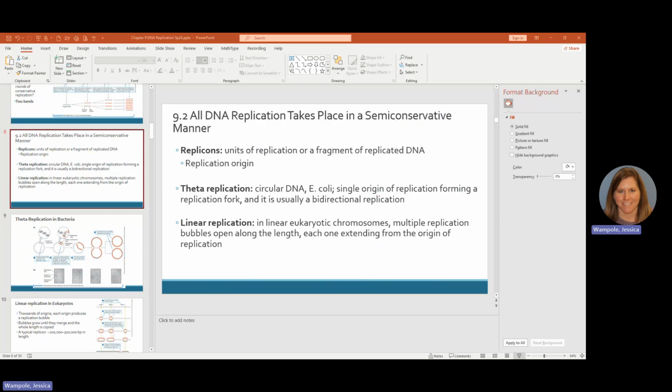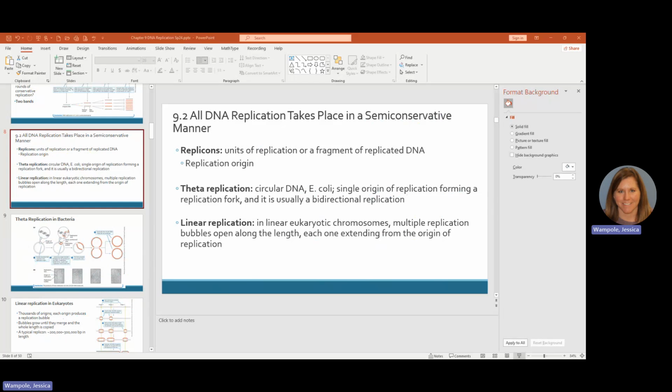So we are going to kind of look at our replication bubble and our replication fork at just one side. You can kind of think about the replication bubble as having sort of 4 quadrants. And so we're going to look at half of the bubble. In this case, this image is kind of showing the right half of the bubble.